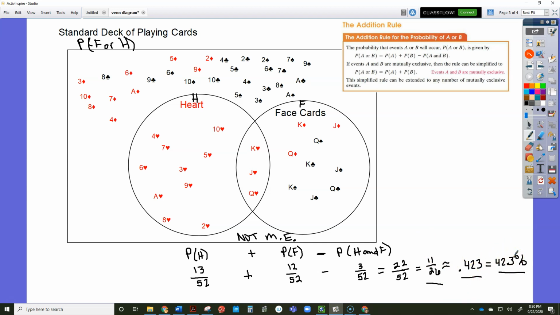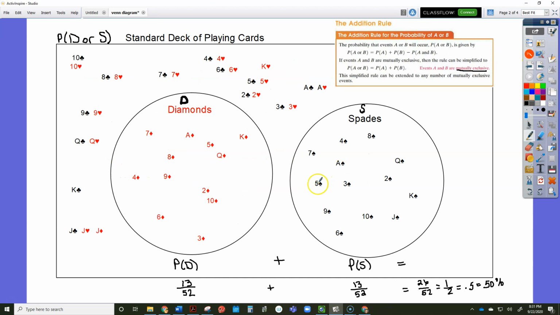So I hope it's a little bit clearer now why, when they're not mutually exclusive, you have to subtract that out, because they're being counted twice when you just add those two together. When they don't share anything, like these two, we don't have the trouble of counting anything twice because there was nothing in the shared space.